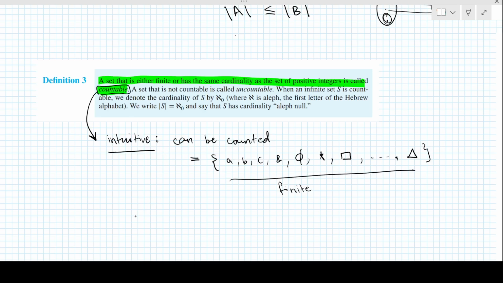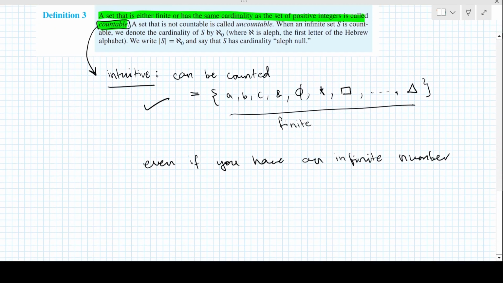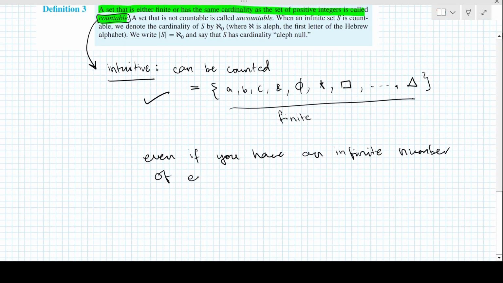But there's a twist to it: even if you have an infinite number of elements, they can still be countable.